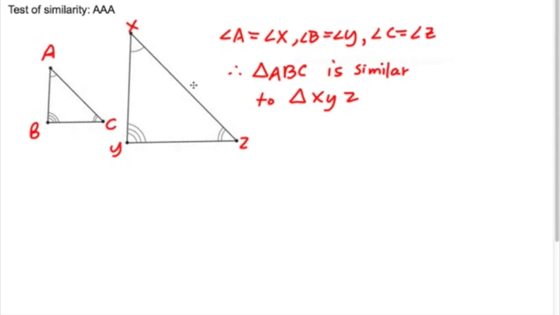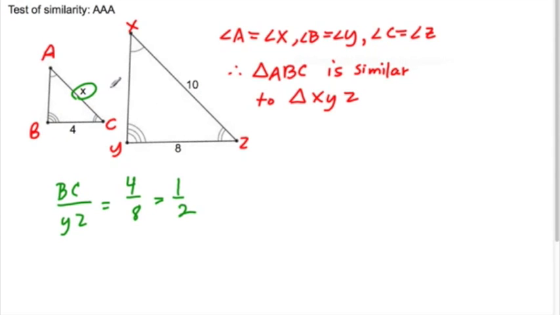And because I know that to be true, I can take a look at the certain values here if I were trying to find my unknown value x. Well, I know that because they're similar, there's a similar ratio between the two sides. So if I take BC and I divide it by YZ, I get 4/8 or 1/2, which tells me that triangle XYZ is twice as large as triangle ABC.